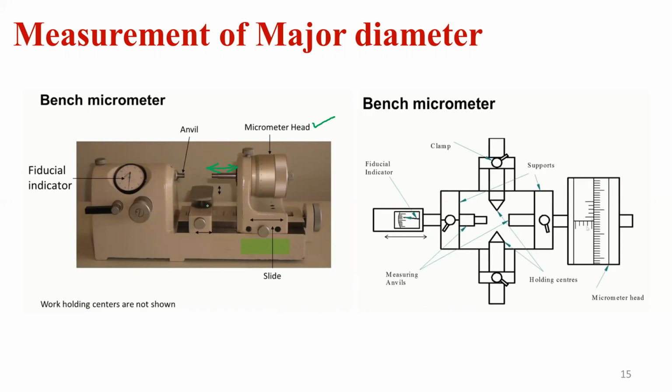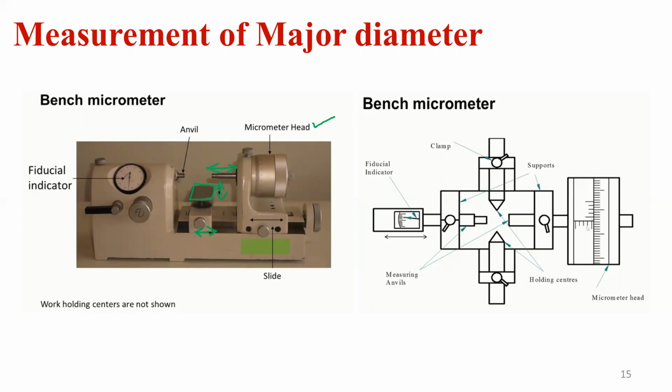And there is a table. This table can be moved forward and backward along the length of the bed. And this table surface is a flat surface. And this table can also be moved up and down to accommodate the different sizes of the workpieces.